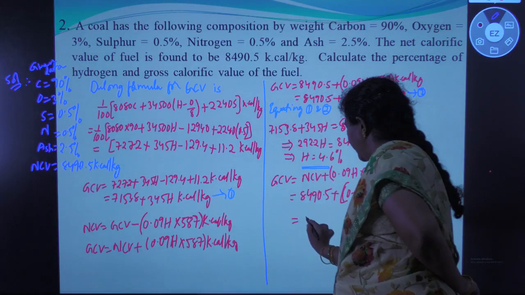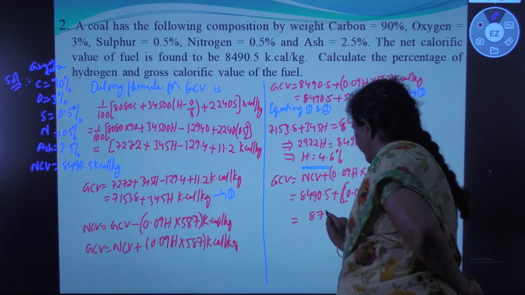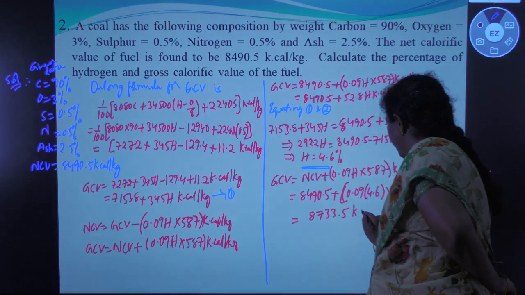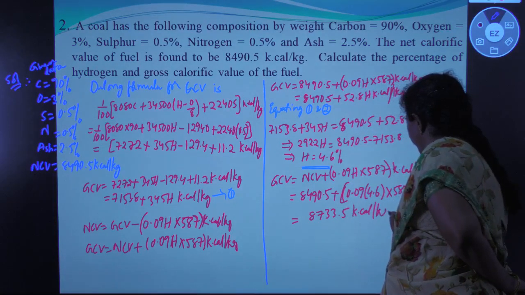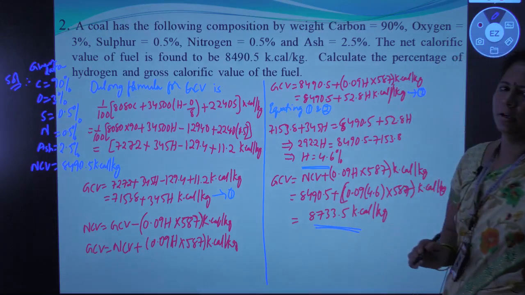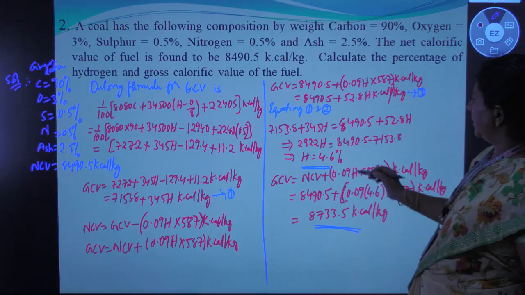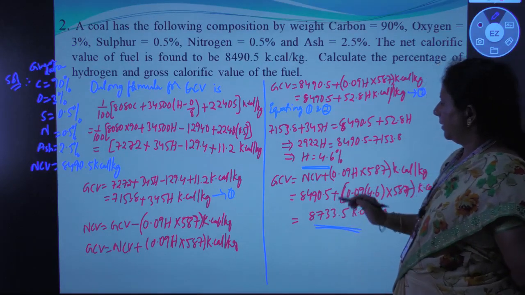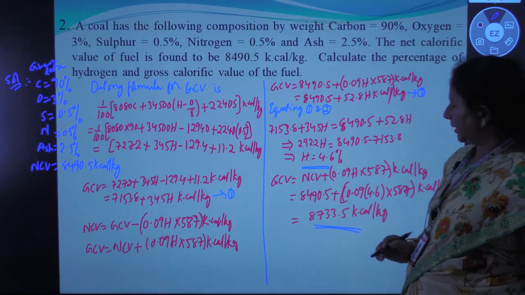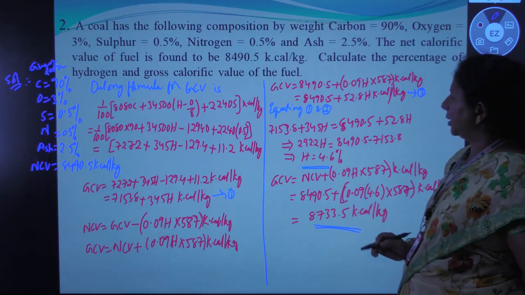From this, we will be getting the value as 8,733.5 kilocalorie per kilogram. So this is the gross calorific value of the given fuel. The percentage of hydrogen is 4.6 and gross calorific value is 8,733.5 kilocalorie per kilogram.